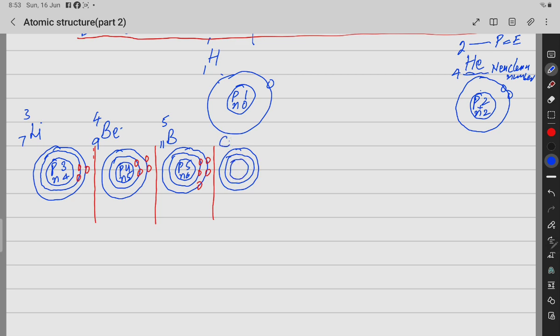Now this is carbon, 12 and 6. Proton number is 6, neutrons are 6. The first shell has 2 electrons and the second has 4 electrons because it is present in group 4.